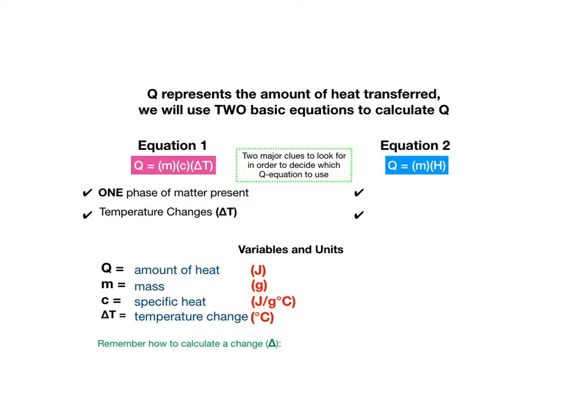Quick note, you need to remember how to calculate a delta value. Delta looks like that triangle out in front of the capital T, but the delta value for science and math means change. You have calculated changes in math class, for instance, in determining the slope of a line, the change in y over the change in x. And remember, when you calculated the change in y, it's the final y value minus the initial y value, y2 minus y1.